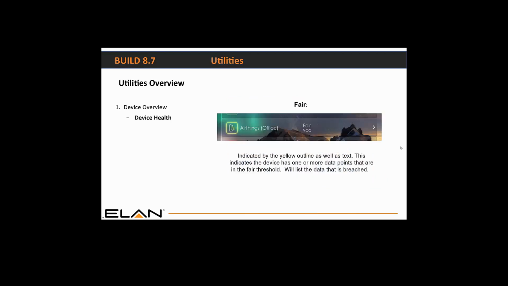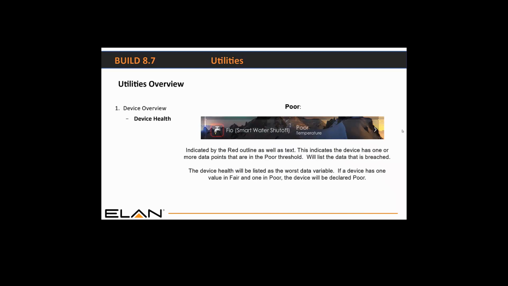Let's take a look at that real quick. In this overview, there's one that is yellow. That yellow means that it is in a fair condition. And why is it in a fair condition? We post right there: fair condition, and its VOCs are high. So it's just a way to indicate something to the end user. Actually, I find that pretty useful.